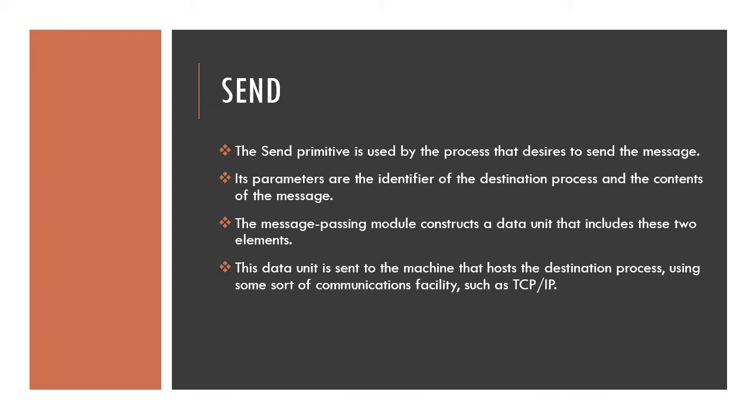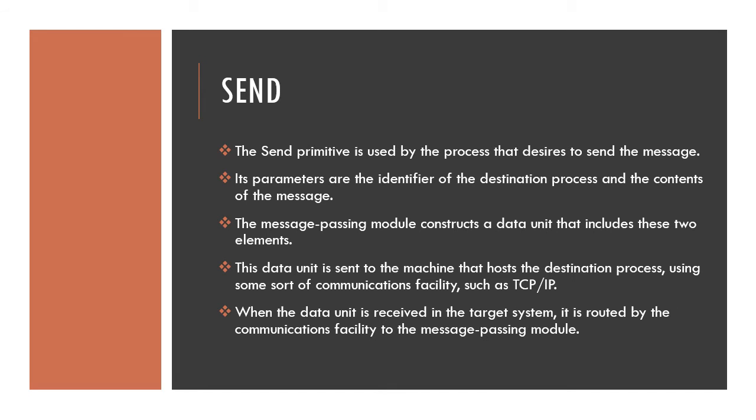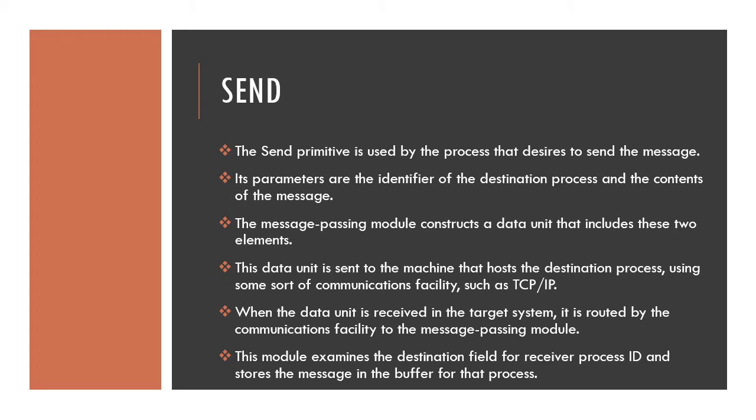This data unit is sent to the machine that hosts the destination process using some sort of communications facility such as TCP/IP. When the data unit is received in the target system, it is routed by the communications facility to the message passing module. This module examines the destination field for the receiver process ID and stores the message in the buffer for that process.